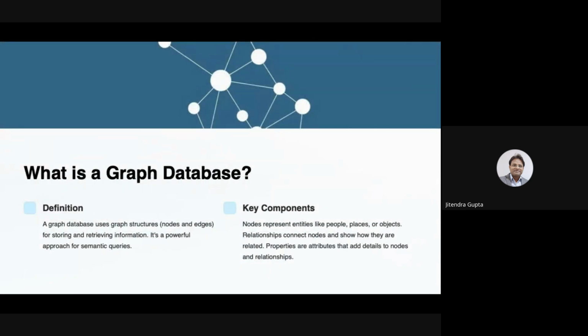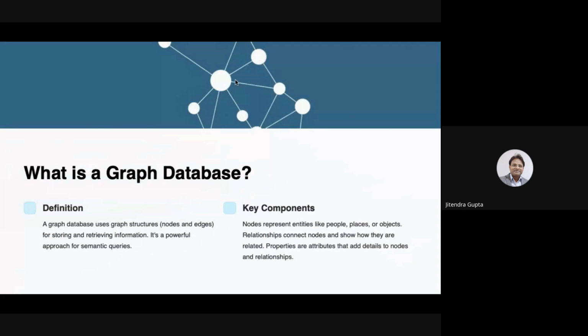Right. Now, Neo4j is a graph database, but what is a graph database itself? As I go by the definition, a graph database uses graph structures, where at the center you see a central node, which is connected to multiple other nodes.